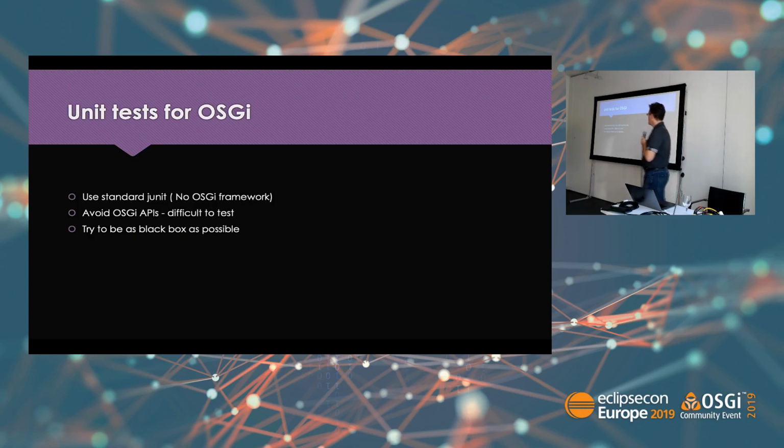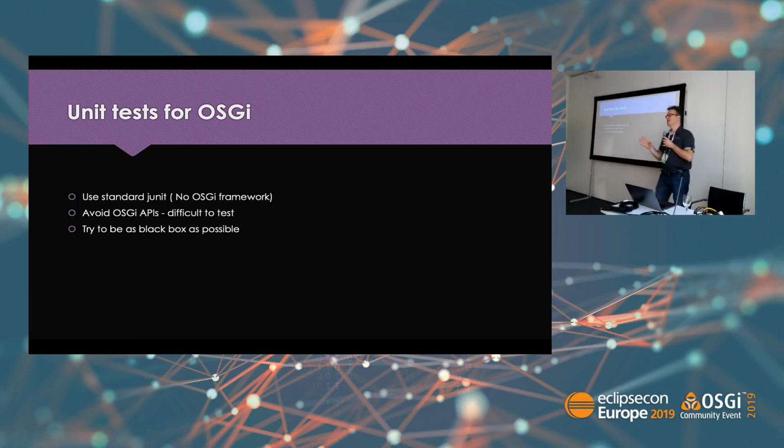Then for unit tests on OSGi, so that's the real first slide about OSGi. Basically, it's not very different to normal tests. So you use standard JUnit or whatever you prefer. You should look into the OSGi APIs.